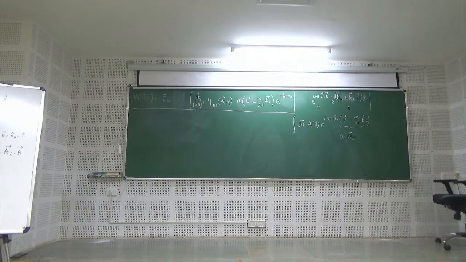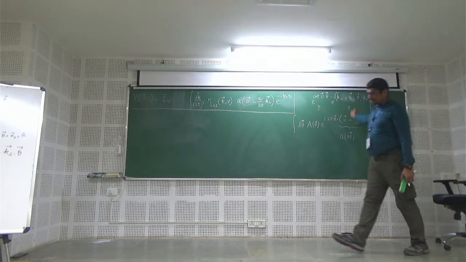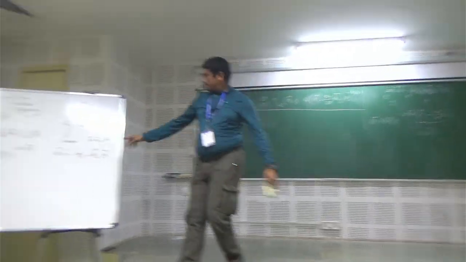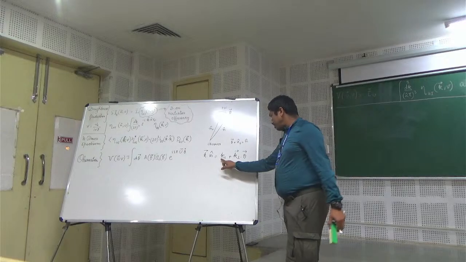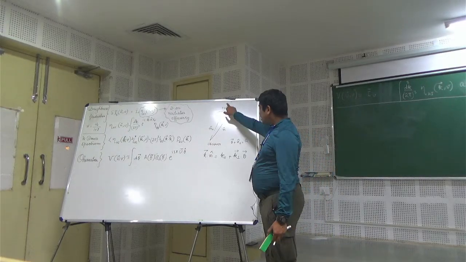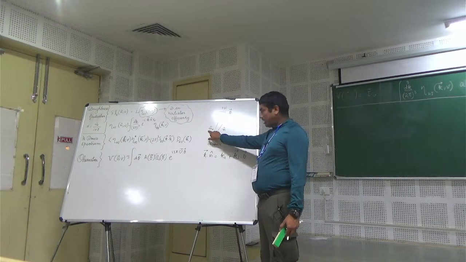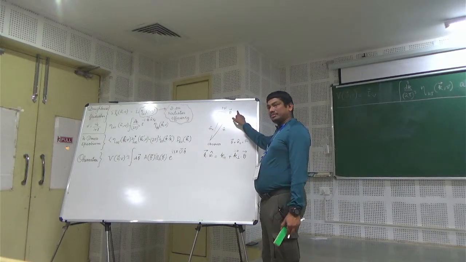Where did I write it as a vector? Is this scalar? Yes. This one we did last time. See, k I can write in terms of k parallel along this direction, so k parallel n0 cap plus k perpendicular theta.